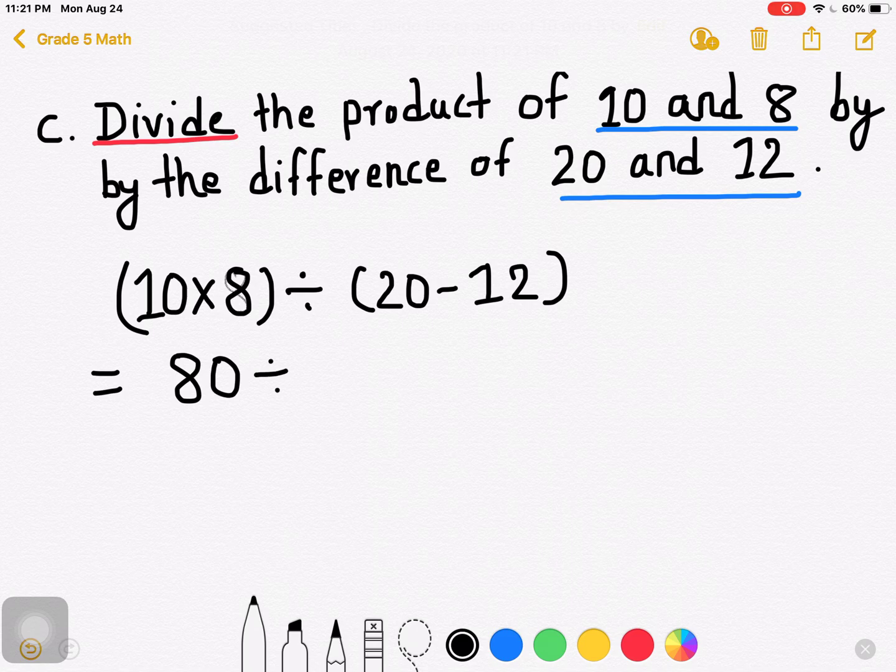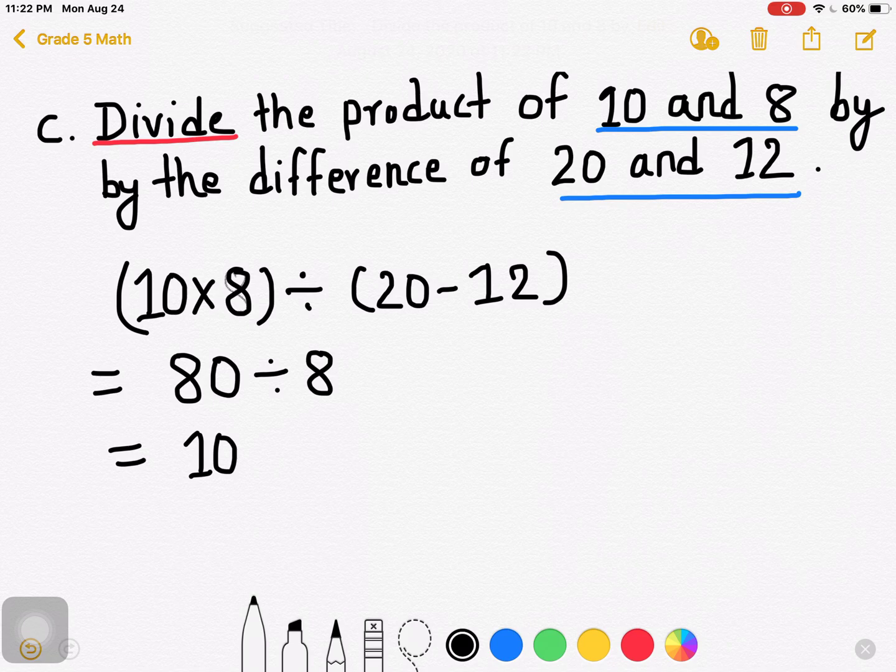Divide by 20 minus 12. What is the difference here? 8. Now let's divide. 80 divided by 8, the quotient is 10. This is the answer. Isn't it easy? It's very easy.